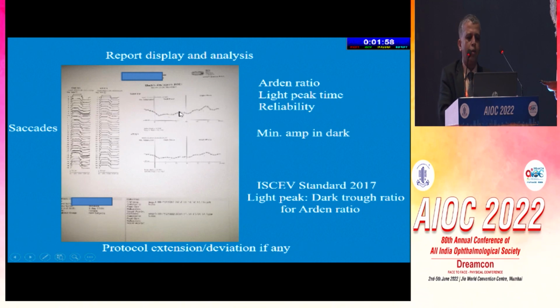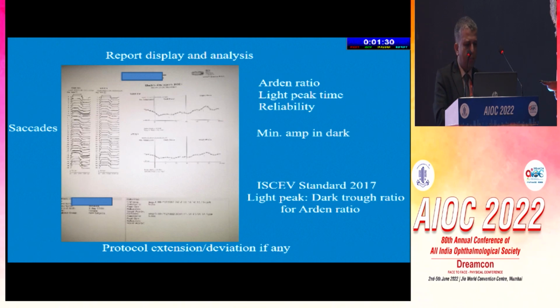It is important that on the machine, if we don't keep the cursor or adjust the trough around 10 to 15 minutes and the light peak, the peak that comes in 7 to 10 minutes, sometimes one can get an erroneous result. You might have a case with Best disease, but if the peak that you have taken is at 2 minutes or another erroneous peak, then you can get a fallacious Arden ratio.